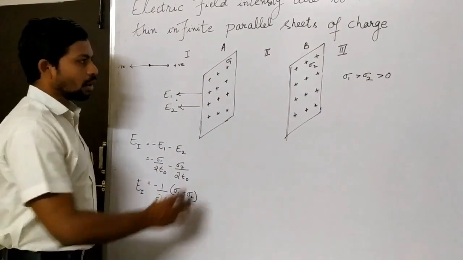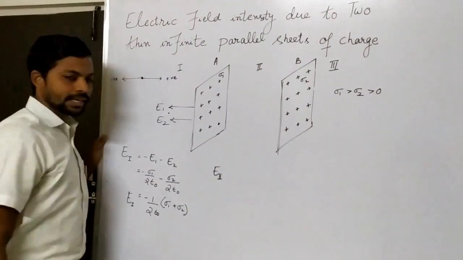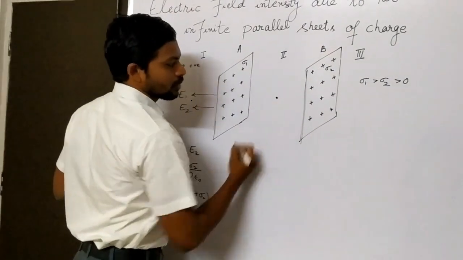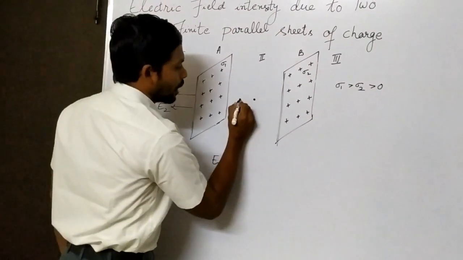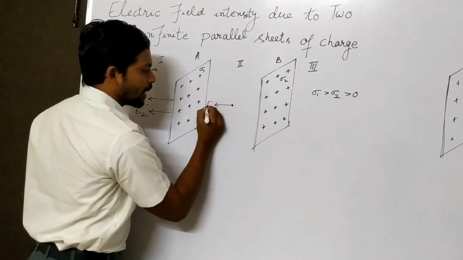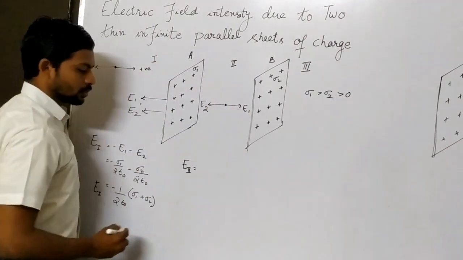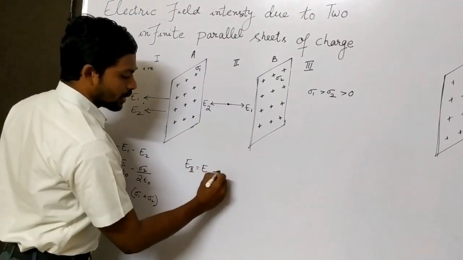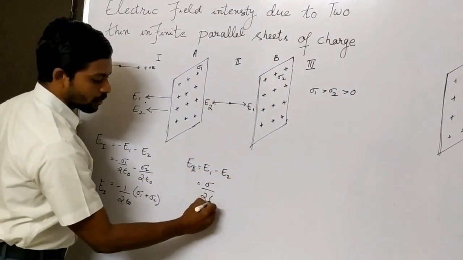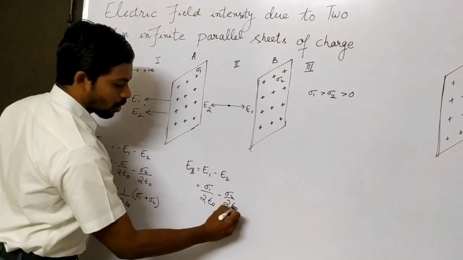Now we will calculate the electric field intensity in the second region. If we consider a point somewhere at the center, the electric field intensity due to the second sheet will be acting in this direction and E1 in this direction. So E1 minus E2. E1 is sigma 1 by 2 epsilon naught minus sigma 2 by 2 epsilon naught.